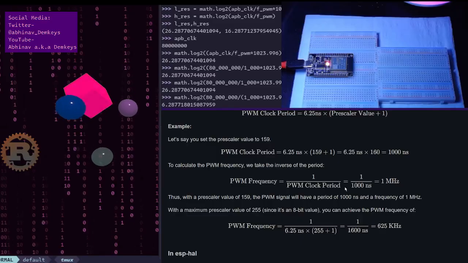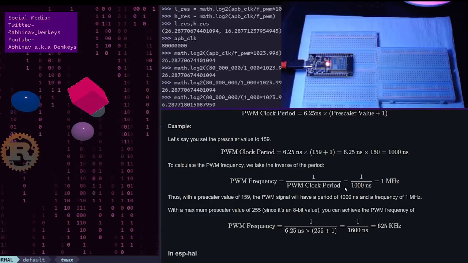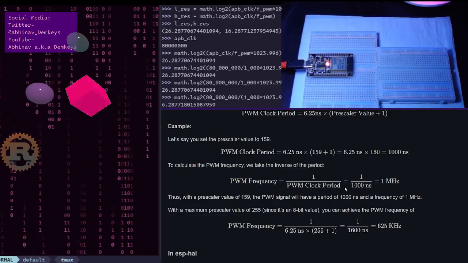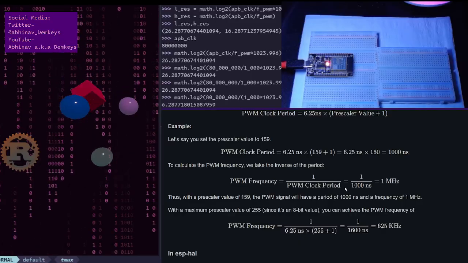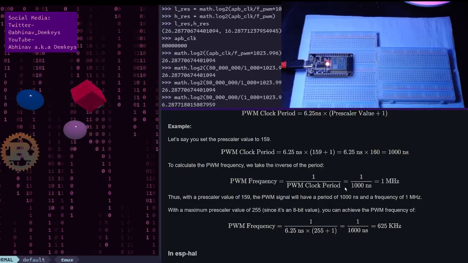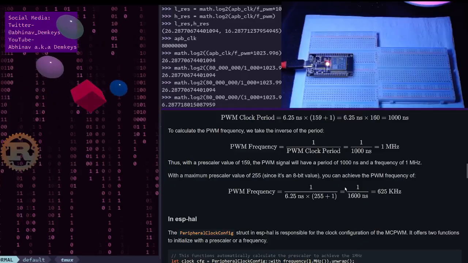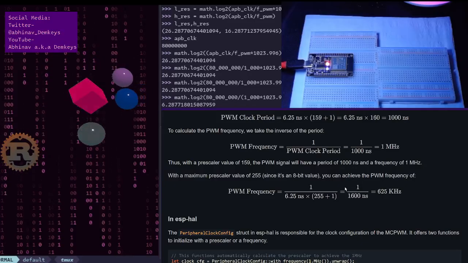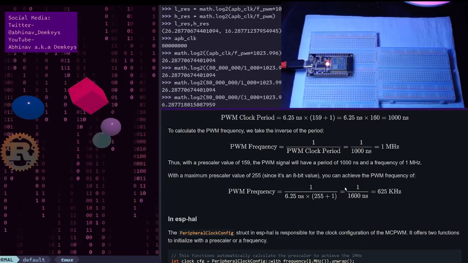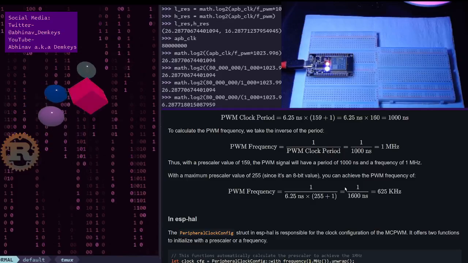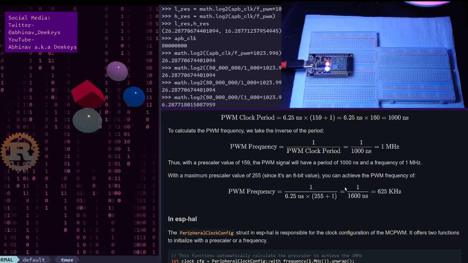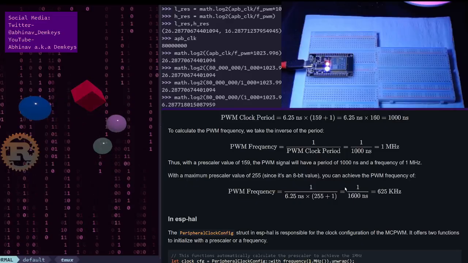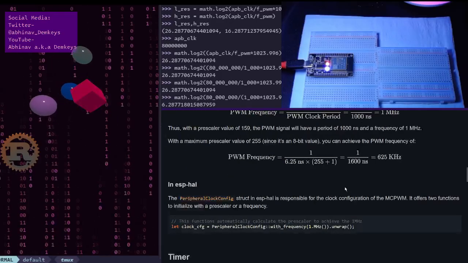With a prescaler value of 159, the PWM signal will have a period of 1,000 nanoseconds and a frequency of 1 megahertz. Okay. With a maximum prescaler value of 255, you can achieve a PWM frequency of 625 kilohertz.